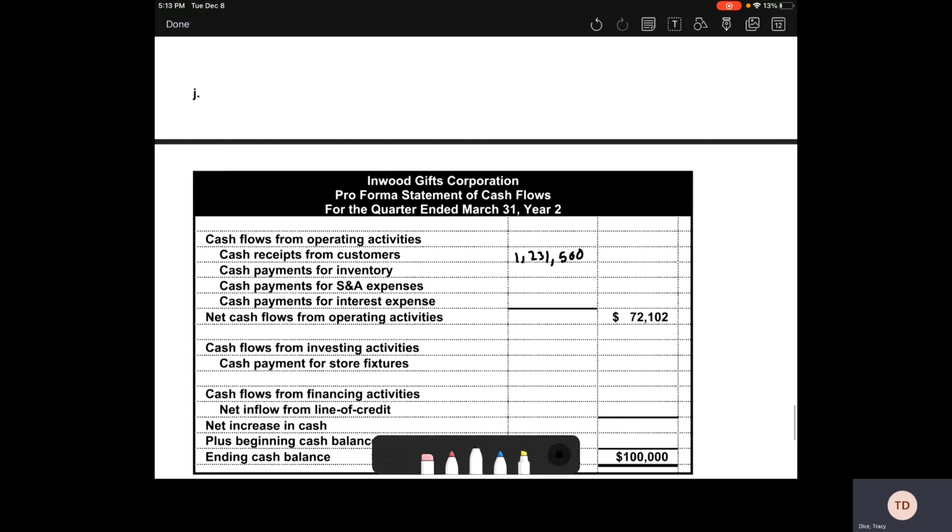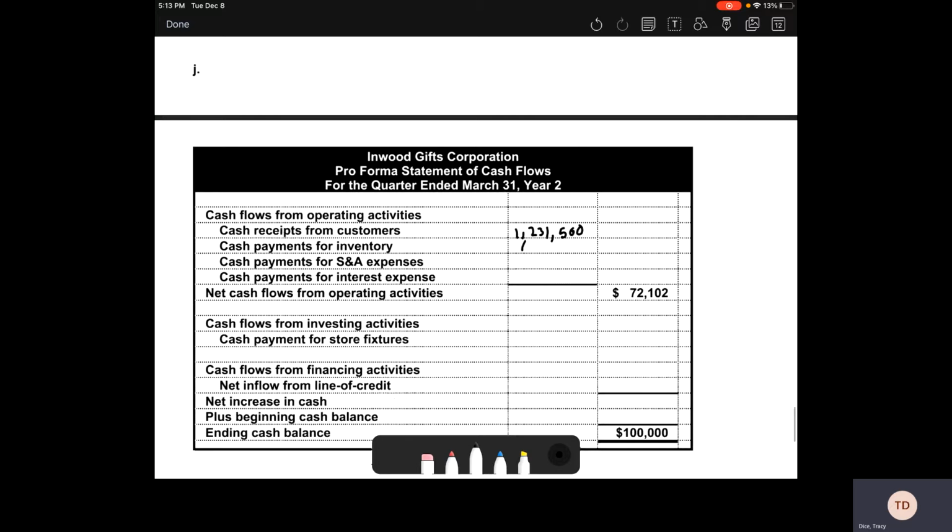So we come down here and these will be negatives. So we put them in at 770,300, 362,600, and 26,498, because that's what we are spending in cash.